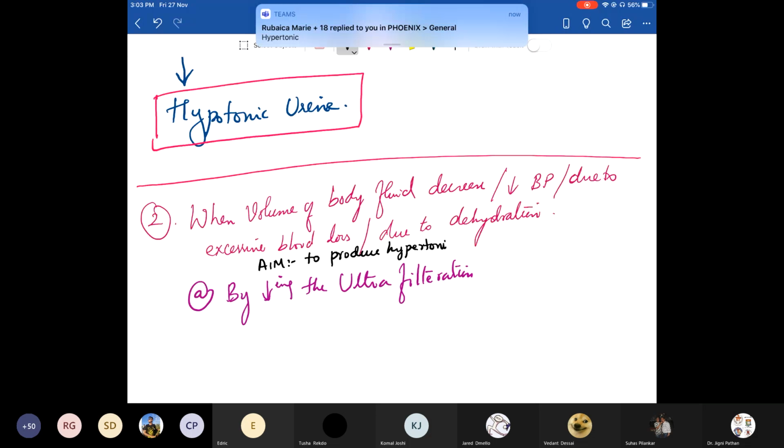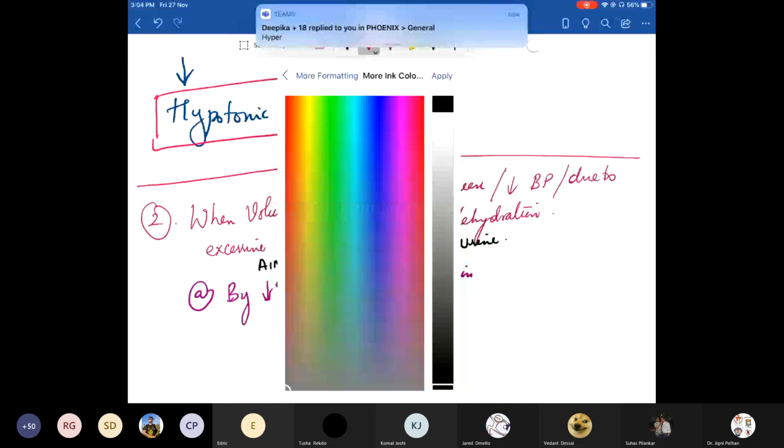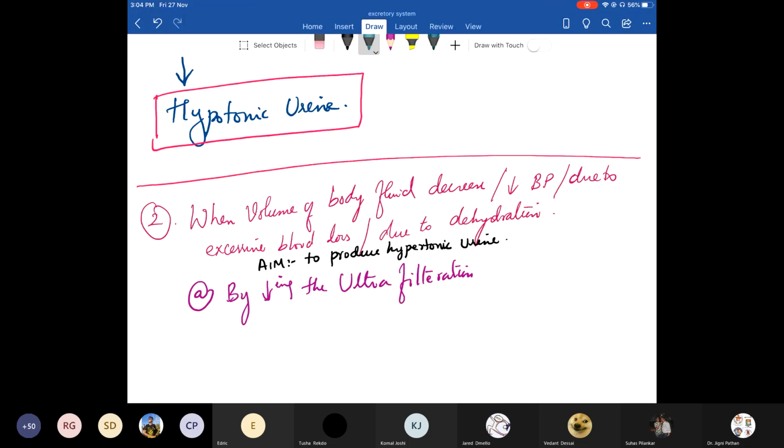So how is that done? A decrease in blood volume is sensed as a decrease in renal pressure in the renal arteries.